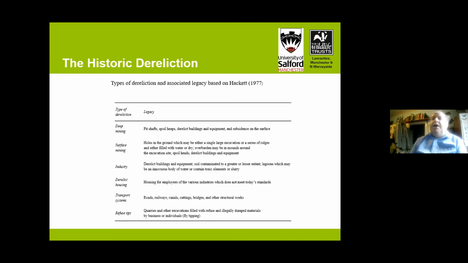The housing is still in many areas being redeveloped because it doesn't fit the needs of the current population. And obviously there are the old railways stretching across the landscape, but these are really useful.